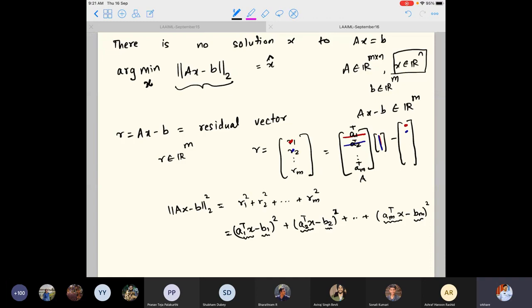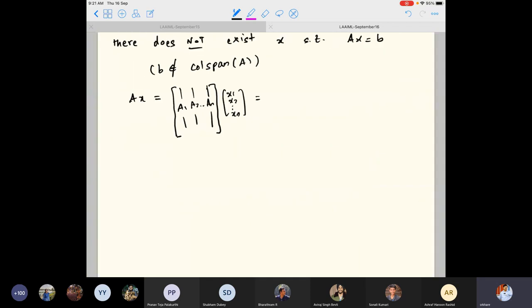This multiplication of Ax was taken from the row interpretation of matrix A. You multiply the first row with x, the second row with x, the mth row with x. That is the row interpretation of matrix multiplication I was taking. Now, if I take the column interpretation of matrix multiplication, do you all agree that what I really have is a linear combination of columns A1, A2 up to AN?